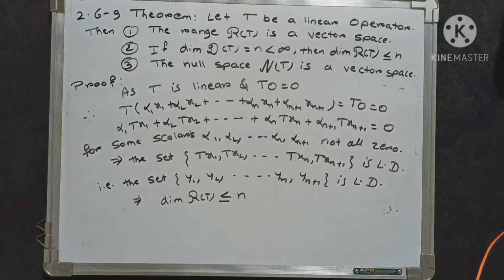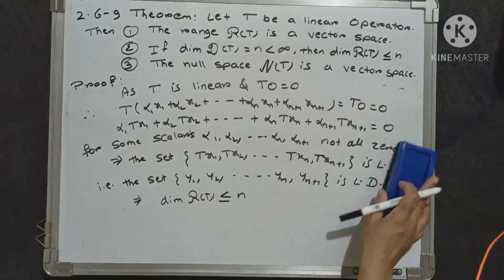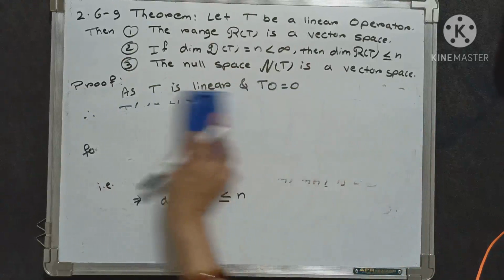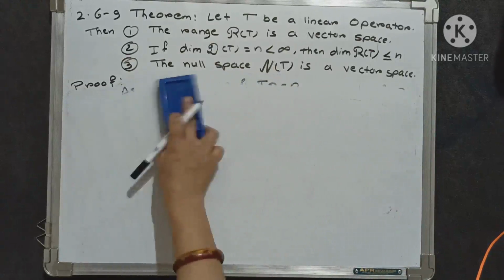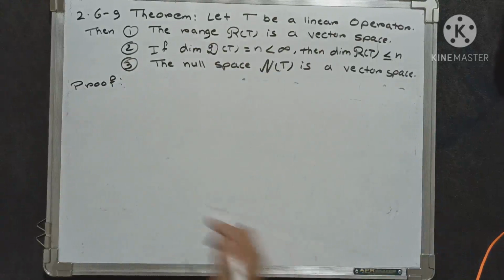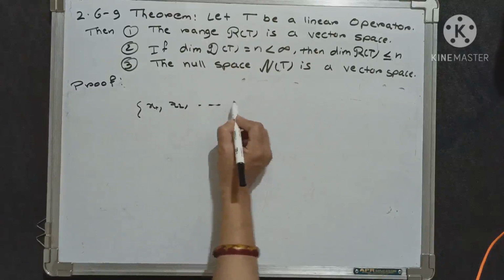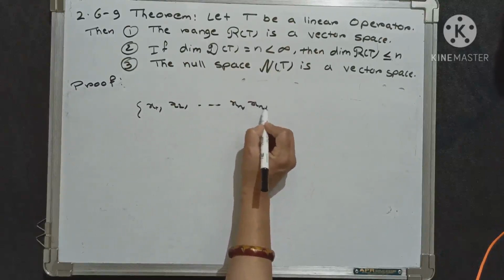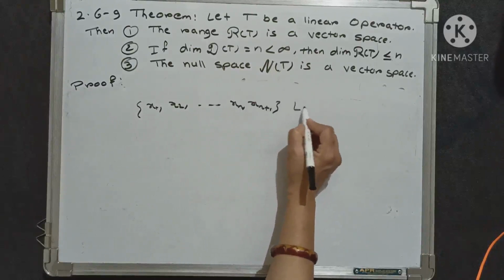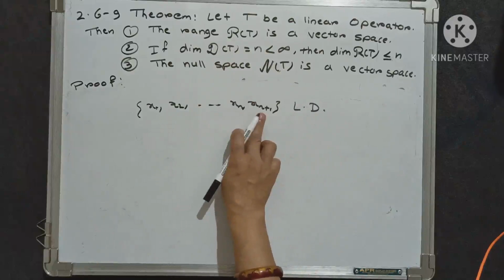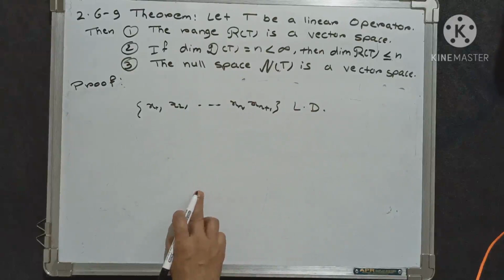From this example we also get that the linear operator preserves dependence. Here we have n plus 1 vectors, x1, x2 up to xn and xn plus 1, and this set is linearly dependent.